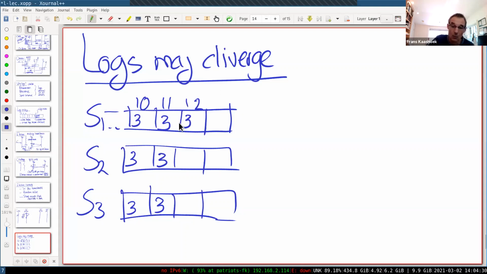It appends one operation in that index for its term. So that's term 3, but then it crashes. And so now we're in a situation where one server actually has an extra log entry in its log and the other ones don't, or maybe one of them has it too, but they're definitely not identical. So that's a simple case, correct?